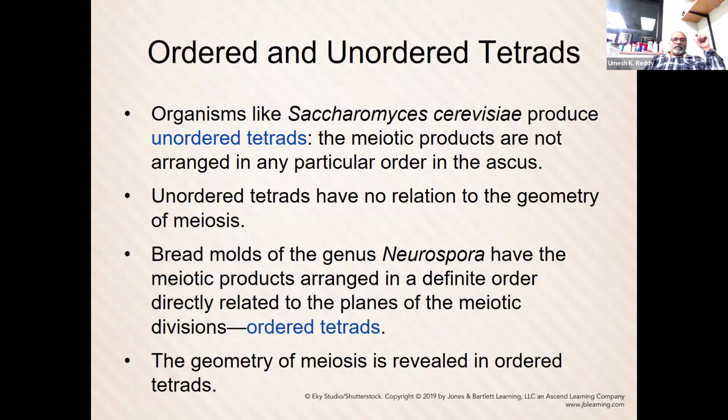In the second generation, all these 4 become 8, and these 8 are placed in such a way that we can understand the geometry of meiosis. That also we will understand. This is a very important word, geometry of meiosis. We cannot understand geometry of meiosis in other organisms like animals or plants, but we can understand in fungi. The reason is the fungal life cycle is short. You can grow them in large numbers.